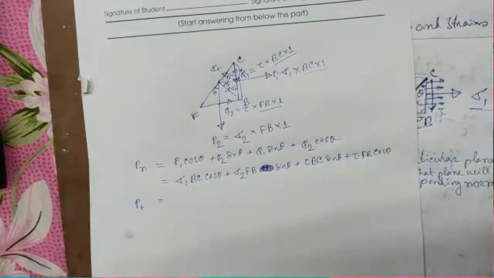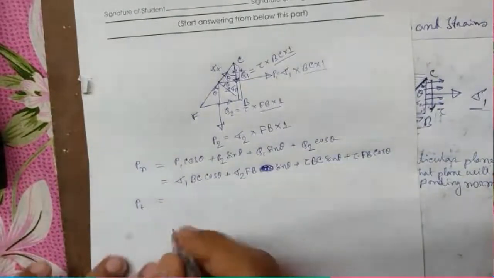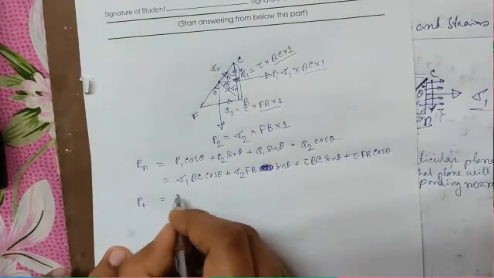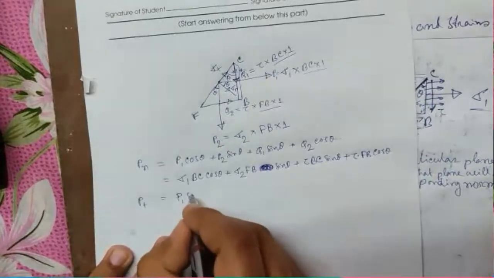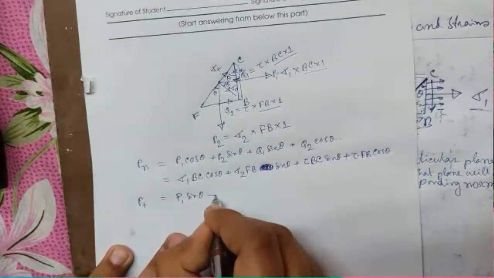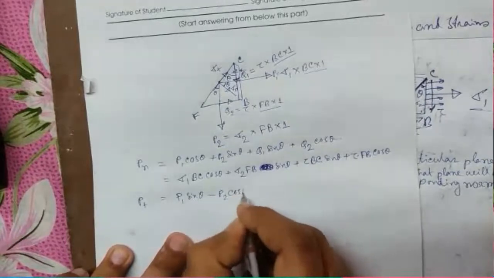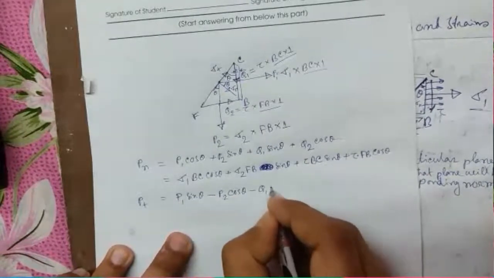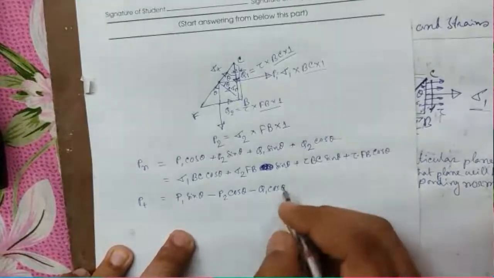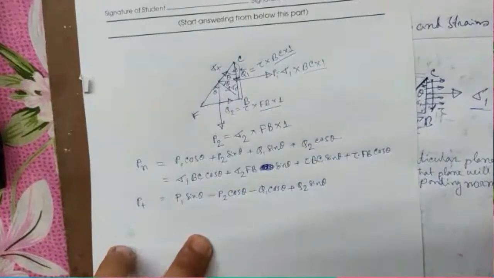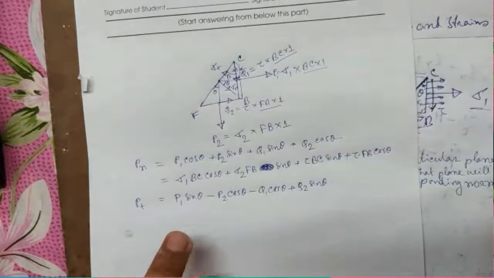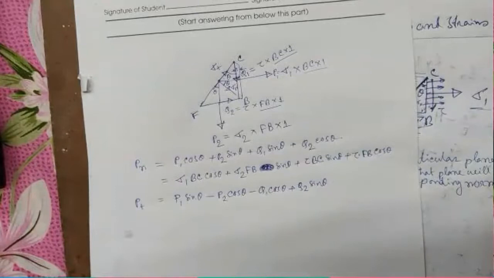PT will be equal to, we must write the component of P1, P1 sin theta minus P2 cos theta minus Q1 cos theta plus Q2 sin theta. That will be the component of the forces along the tangential direction of CF.